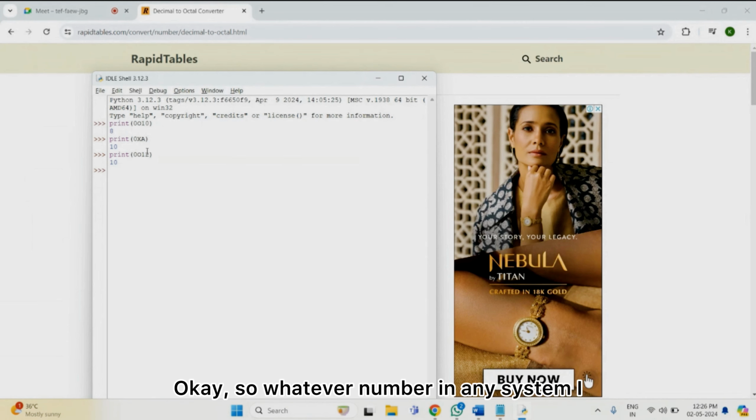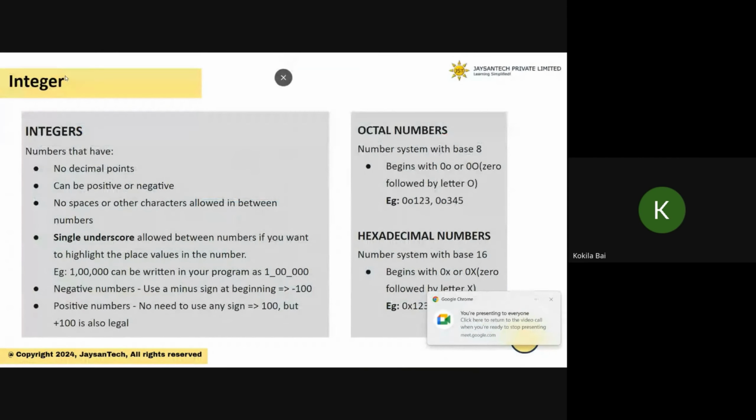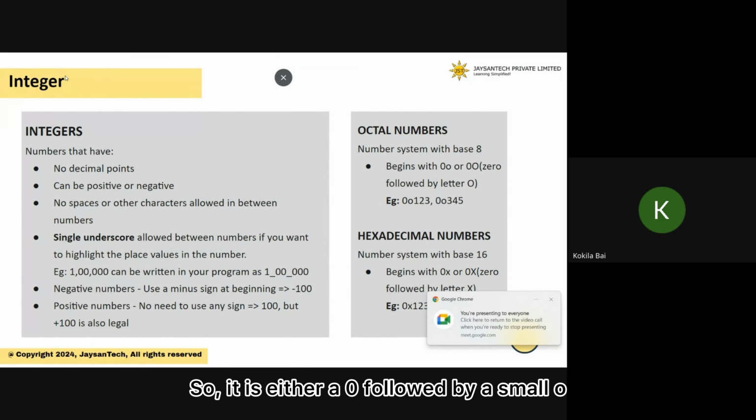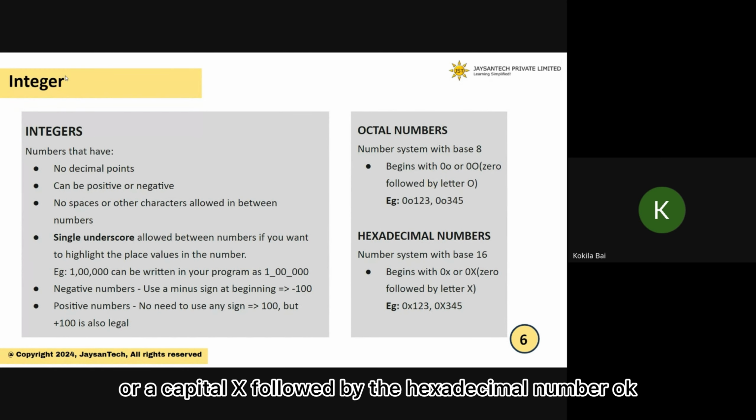So whatever number in any system I want to write, I will prefix it with the corresponding number system. I'm telling it I'm using the hexadecimal number system and I want to print the number A. So it's either a 0 followed by a small o or a capital O for the octal system, or a 0 with a small x or a capital X followed by the hexadecimal number.